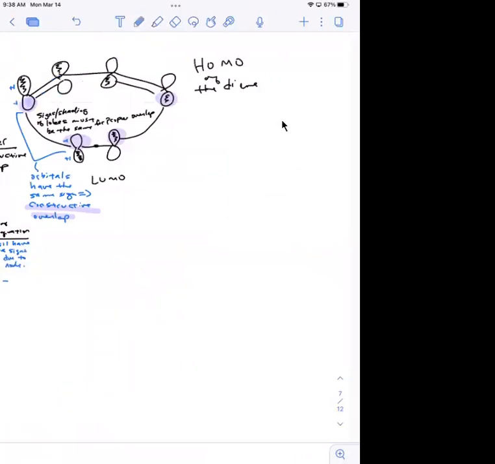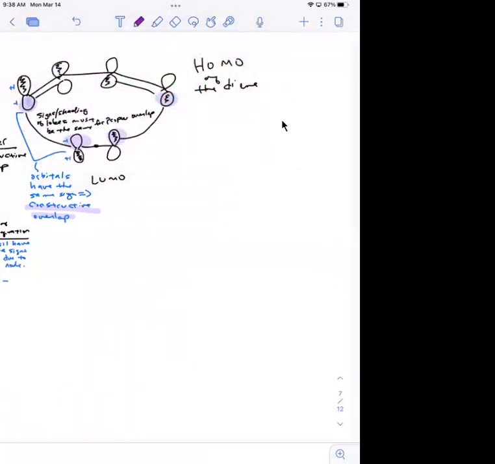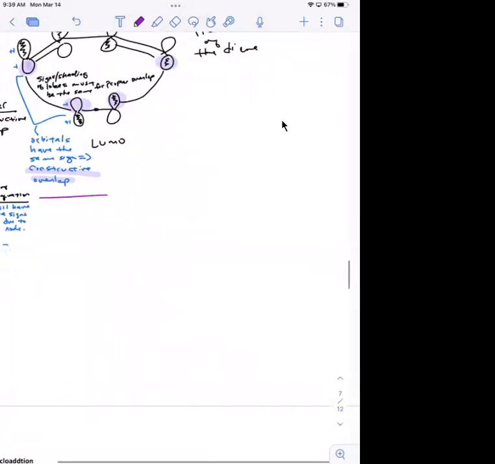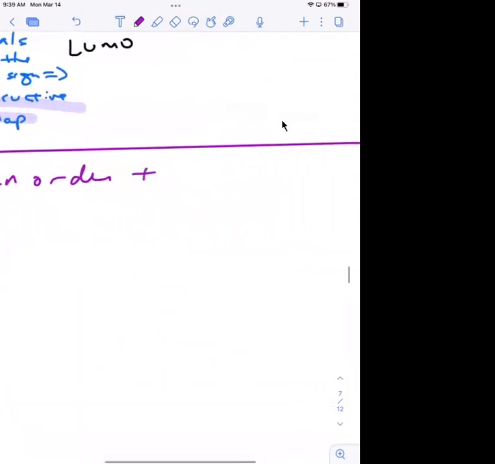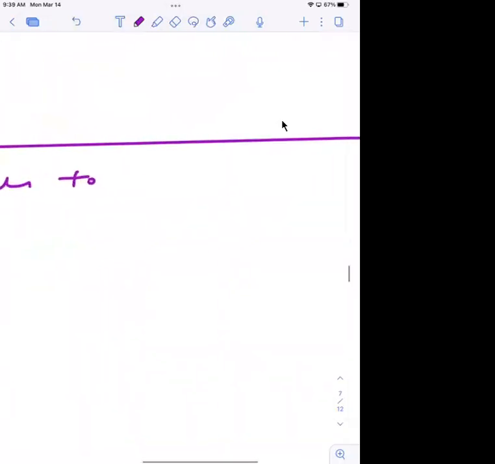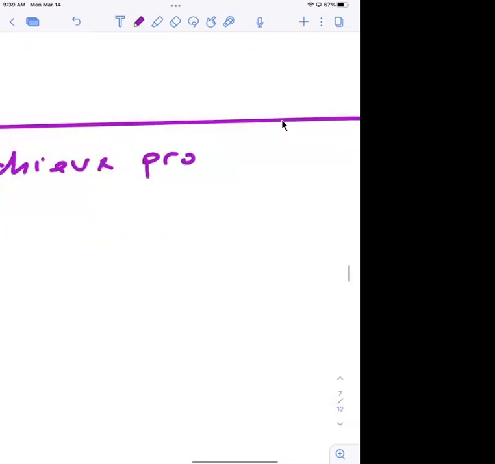And I think I'm going to change colors. Let's put a line. So in order to achieve proper orbital overlap, there's a specific conformation that your diene has to adopt. And I'll zoom out on this. It's easier for me to write when I zoom in.